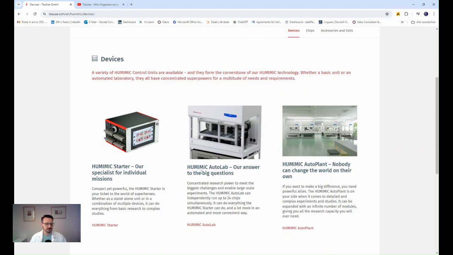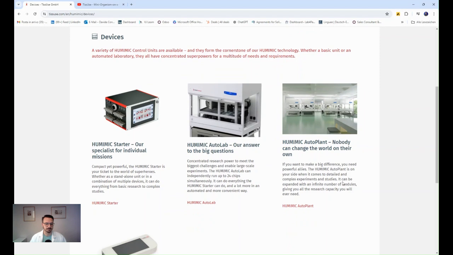Then they have a HuMimic AutoLab, which is a bigger platform for several experiments running in parallel, up to 24 different experiments in parallel. And then they can even build whole plants with that. You can automate really a lot and make all your experiments in a systemic way.